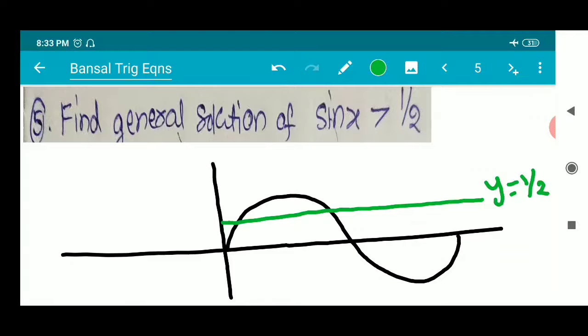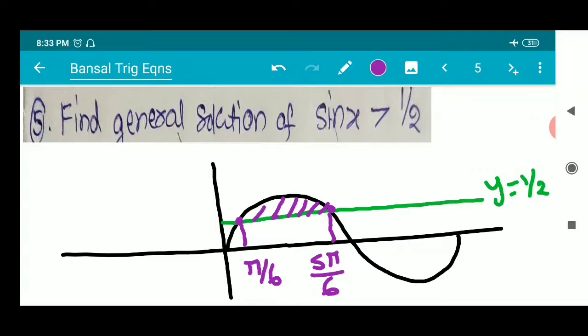When sin becomes 1 by 2, one point is at pi by 3, sorry, at pi by 6, and another one is at 5 pi by 6. So this is at pi by 6 and this is at 5 pi by 6. Now this complete region satisfies this inequality.